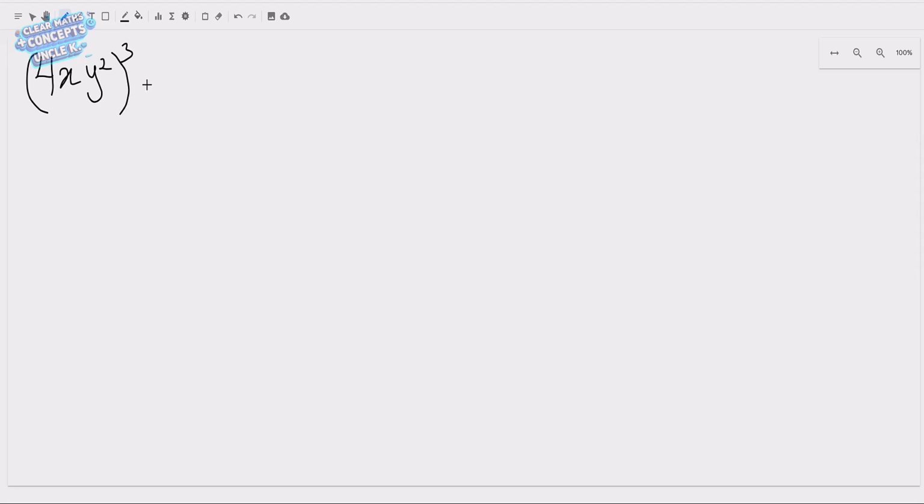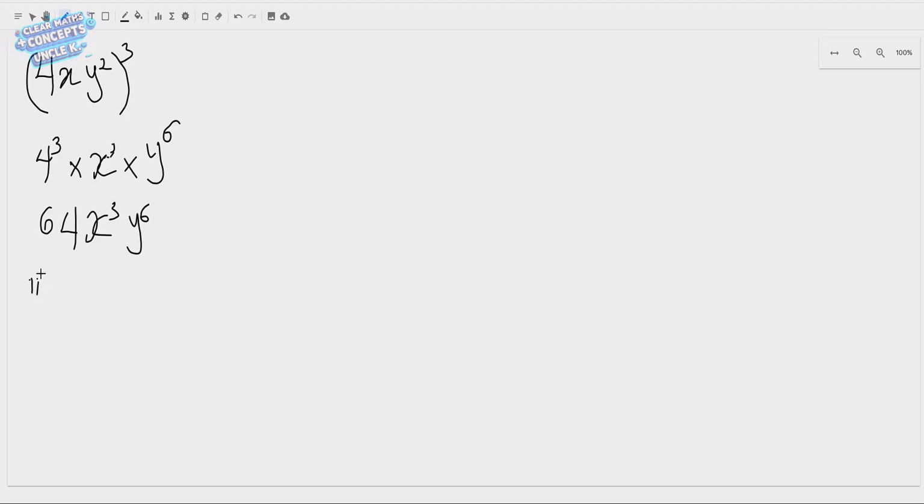You have 4 raised to the power of, that's a 1, right? So 1 times 3 will be 3. Then times x, the x also has a power of 1, 1 times 3 will also give you 3. Then y has a power of 2, so 2 times 3 will give you 6. So that will give you 64 x raised to the power of 3, y raised to the power of 6. Simple as that.